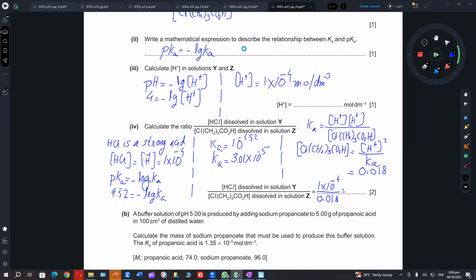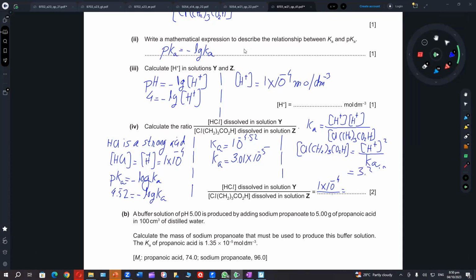Is it? I'm getting 3.32 times 10 to the power of minus 4.